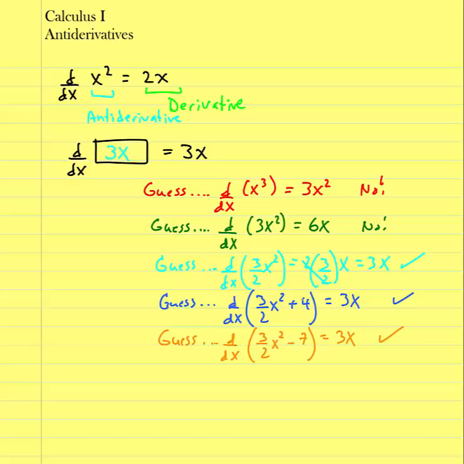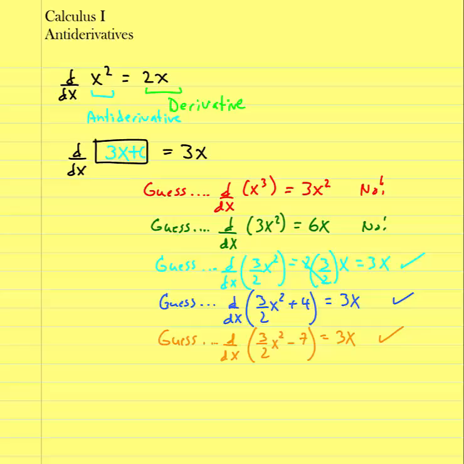So I'm thinking that as long as this variable piece is there, this 3/2 x squared, it doesn't matter what this constant is that I have, it's going to give me a derivative equal to 3x. So the way that we represent this then is we're going to call this 3/2 x squared plus c, where c represents any constant. So that's the pattern that I need to start thinking of. That's what I want to start looking at.